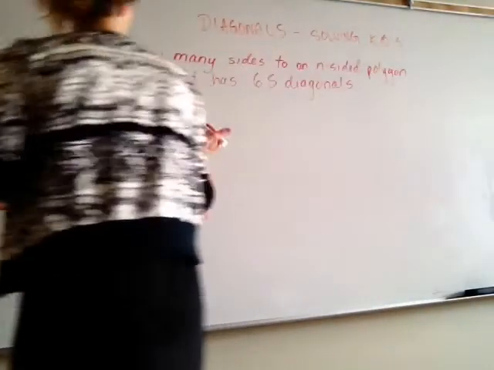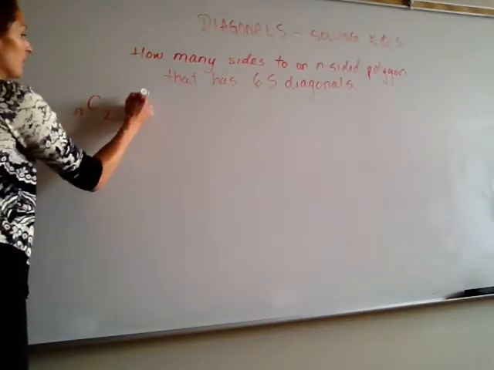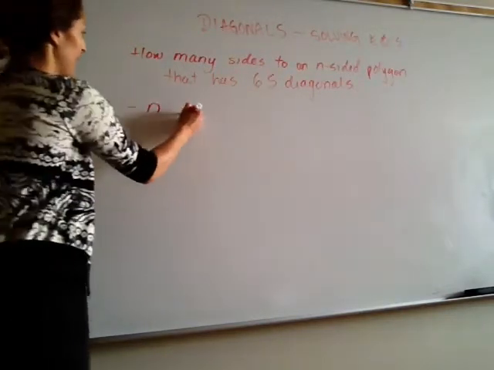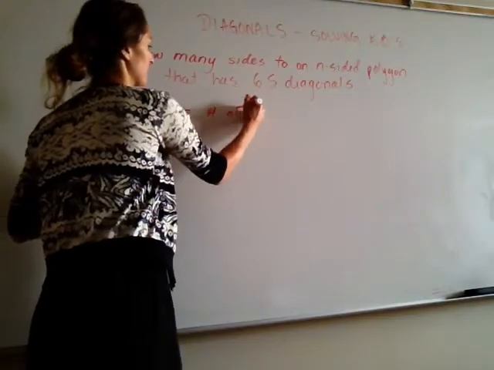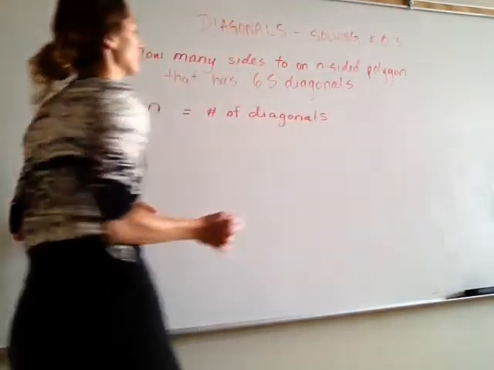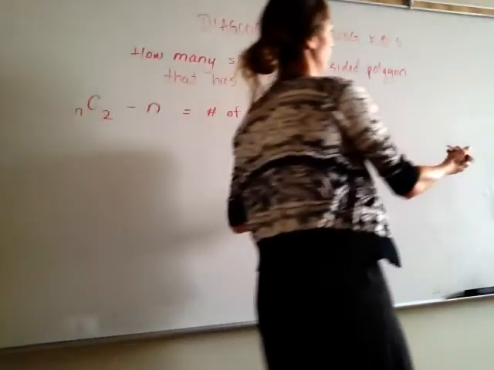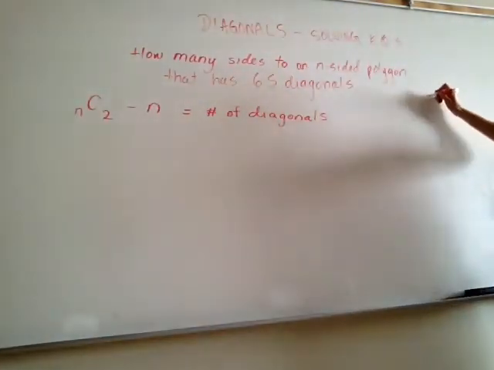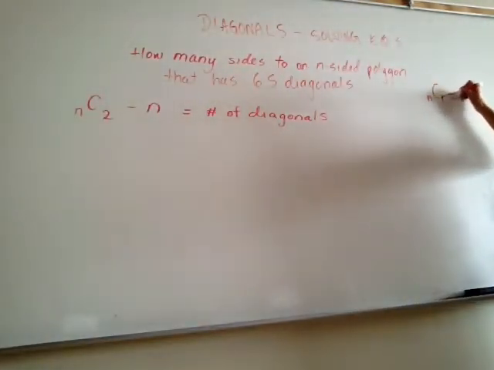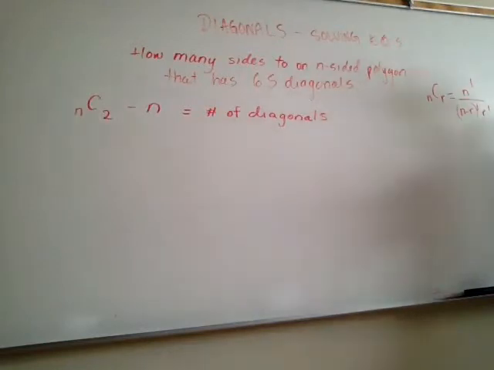So, the formula that you need to memorize is n choose 2 minus n equals the number of diagonals. On your formula sheet, you will be given the formula for combinations. N choose r equals n factorial over n minus r factorial times r factorial.